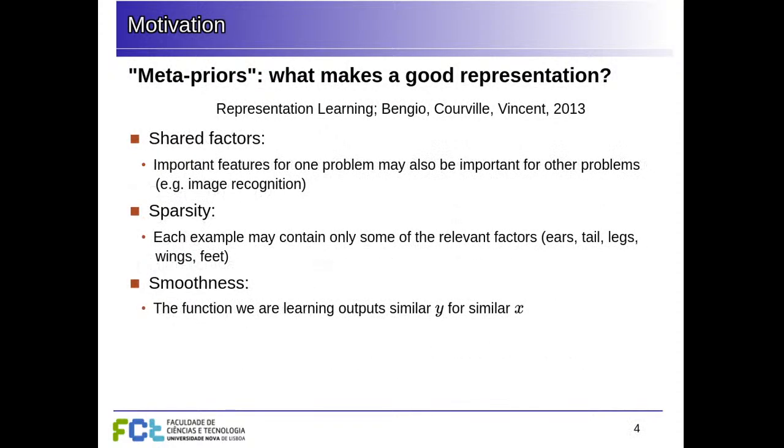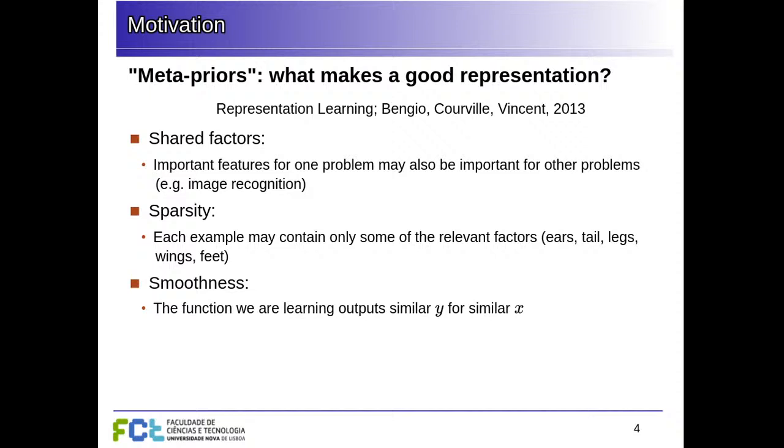So another thing that we can look at in this representation learning is not only the shape of these patterns in the data on one particular problem, but also that some aspects that are important in one problem may also be important in a different problem.